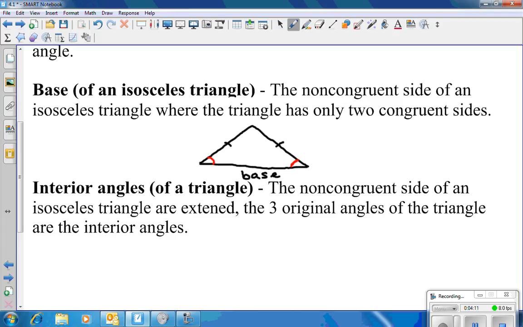And the interior angles of the triangle, they're going to add up to be 180 degrees. Okay? They're going to add up to equal 180 degrees, all 3 of them. So if this one's 30 and this one's 30, then you have 180 minus 60 to find the vertex angle. And lots of definitions in this first part.